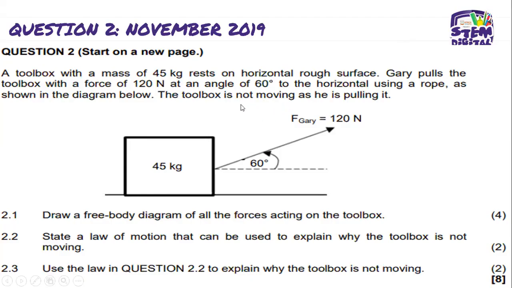The toolbox is not moving as he is pulling it. So there we are given a diagram of the toolbox, and we can see the mass is 45 kilograms, corresponding to what has been written there. And here is a force of 120 newtons that Gary is applying using a rope, at an angle of 60 degrees to the horizontal.